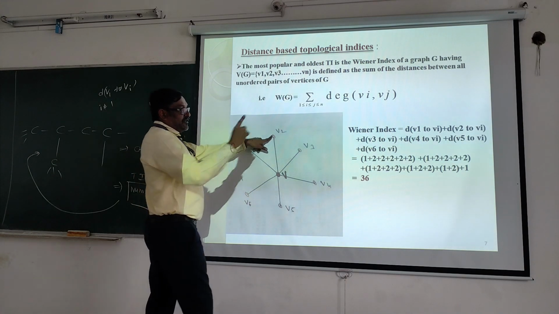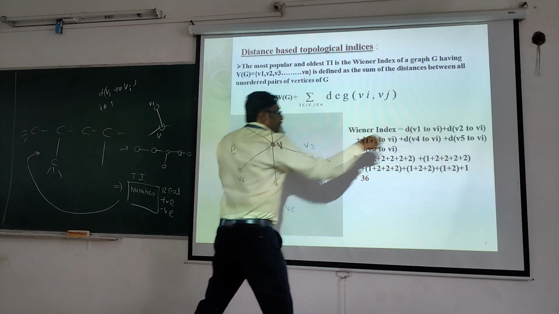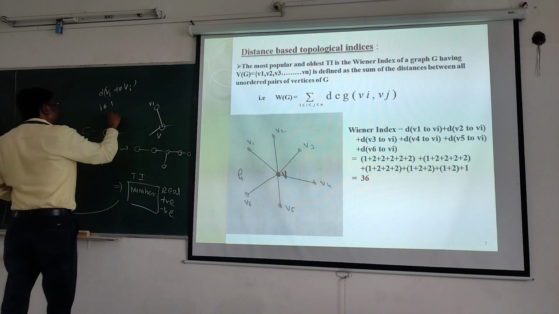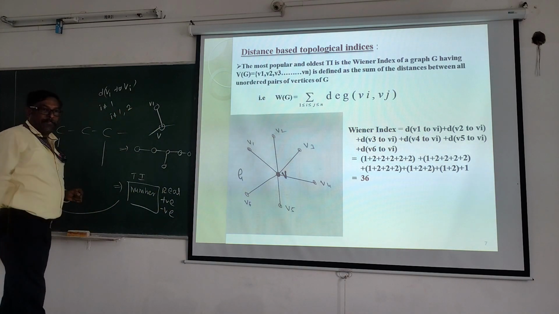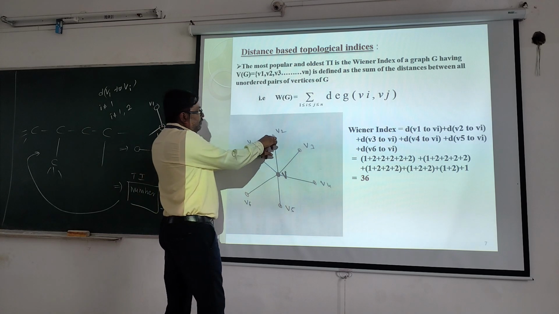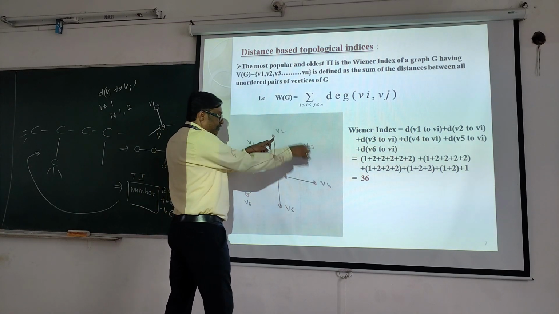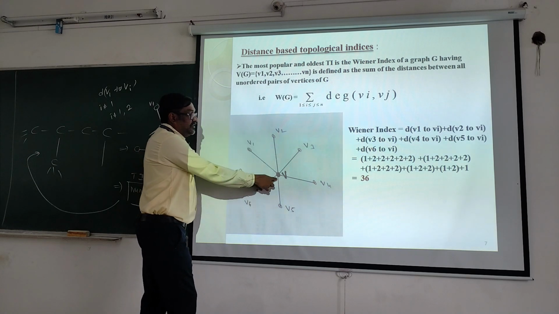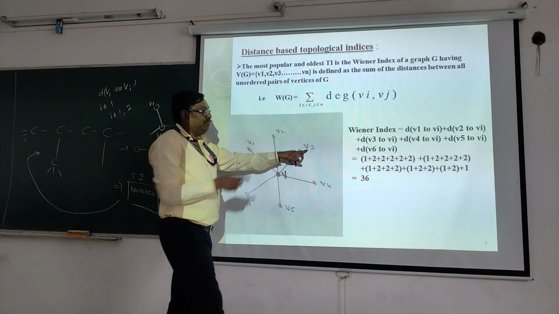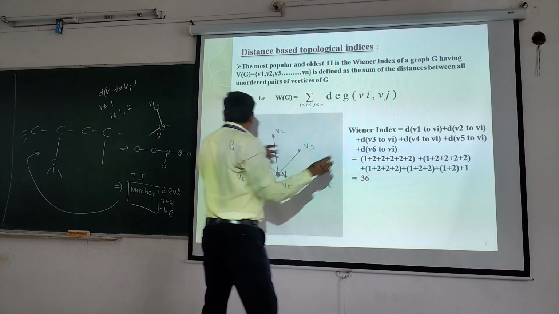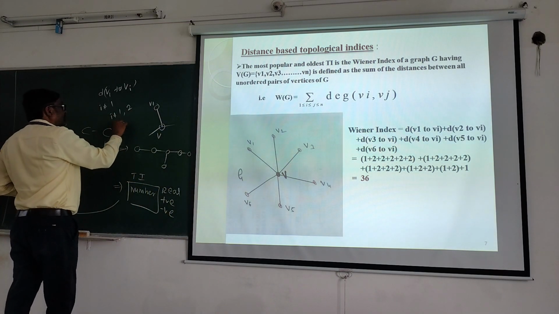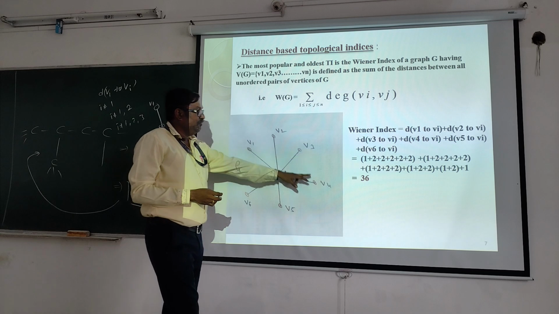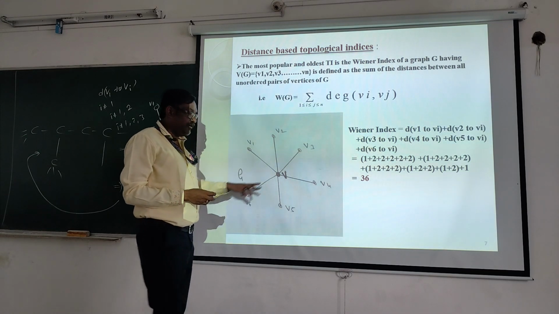Similarly, when I am interested to find out d(V2, Vi), I am using i not equal to 1 and 2. Then V2 with V3, V2 with V4, V2 with V5, V2 with V6, and V2 with V. When I am finding d(V3, Vi), I am using i not equal to 1, 2, 3. That means V3 to V4, V3 to V5, V3 to V6.